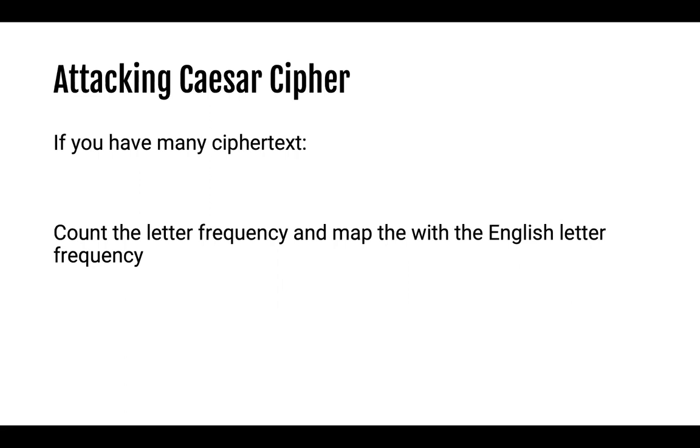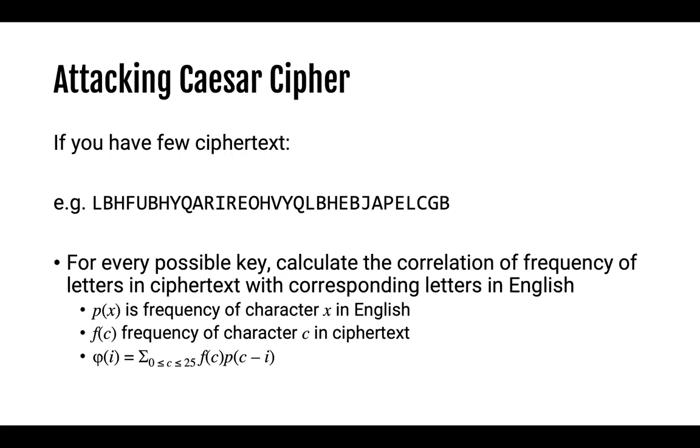Suppose that you already have a lot of ciphertext, right? According to that, you can count the letter frequency in the ciphertext. And then for every possible key, meaning the key is the I, starting from 1 to 25, you want to calculate the correlation of the frequency of the letters in ciphertext and the corresponding letters in English.